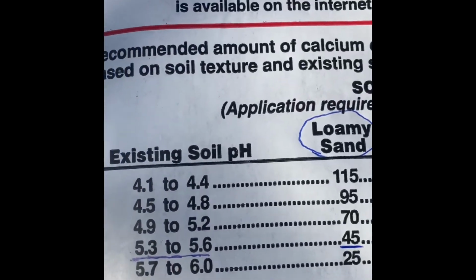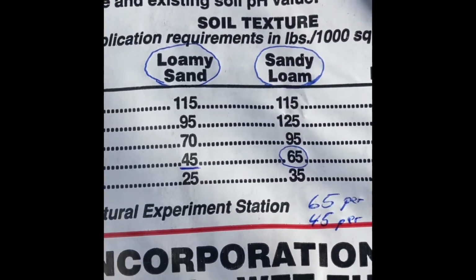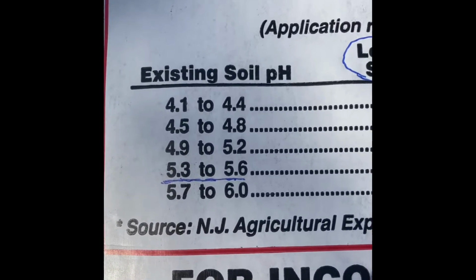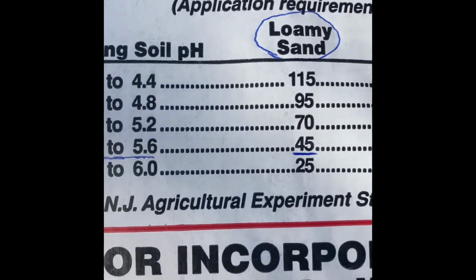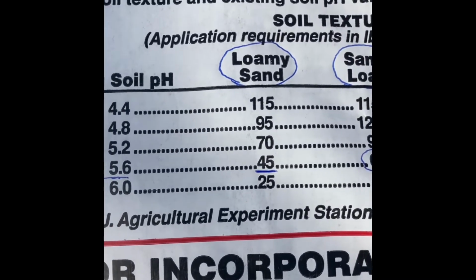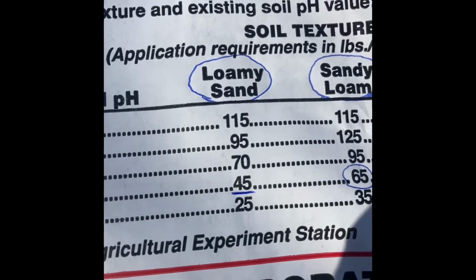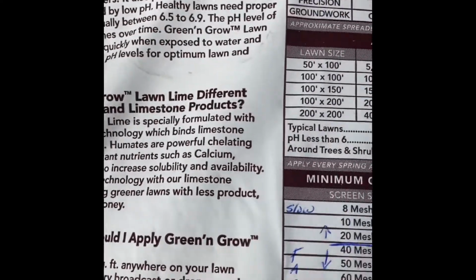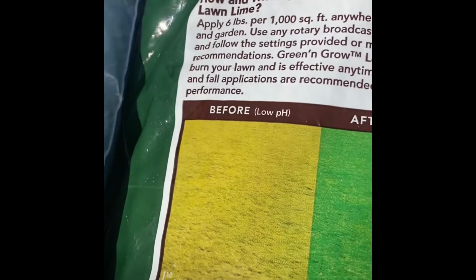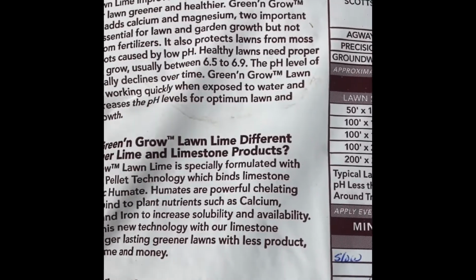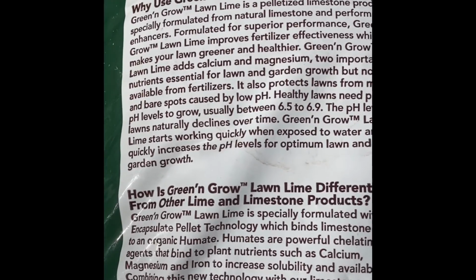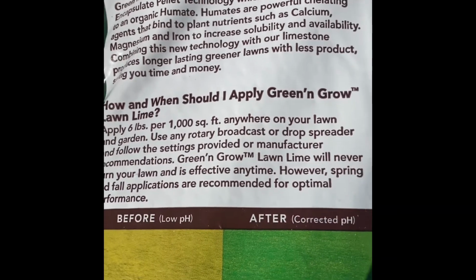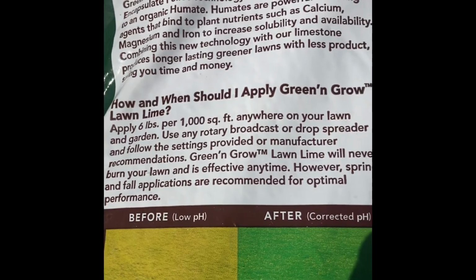Let's go over to here. So we know that we have more of a sandy loamy sand area. So let's say our pH, like in the lab report, is 5.3 to 5.6, this is asking for 45 pounds per thousand square feet. This one, who knows? Oh, so this one is asking you to put down 6 pounds per thousand square feet for maintenance.